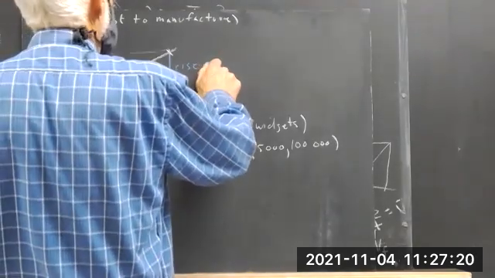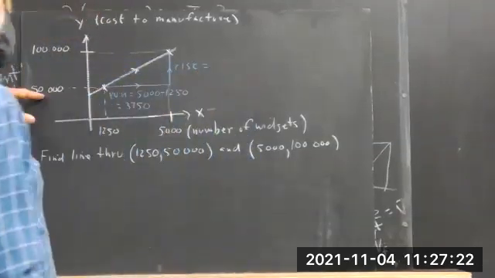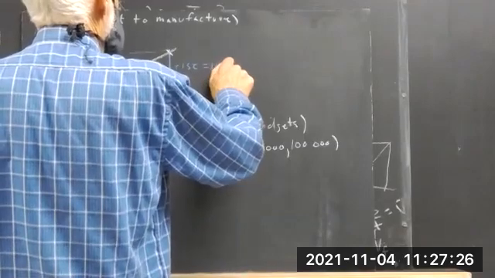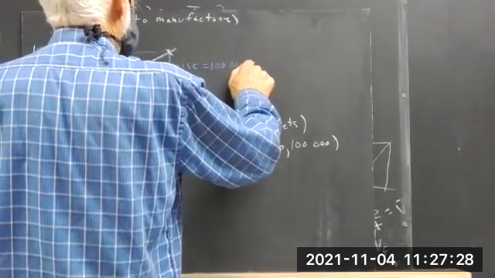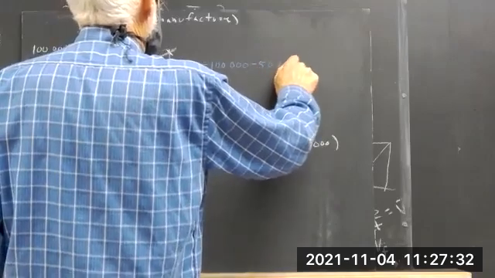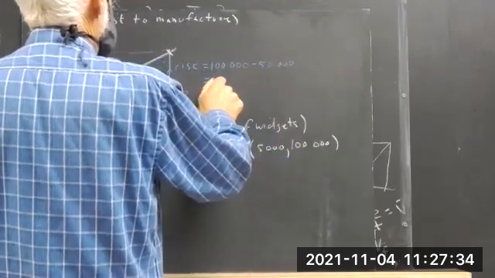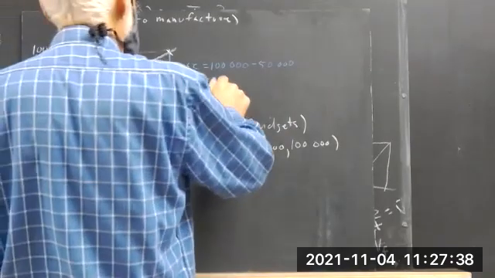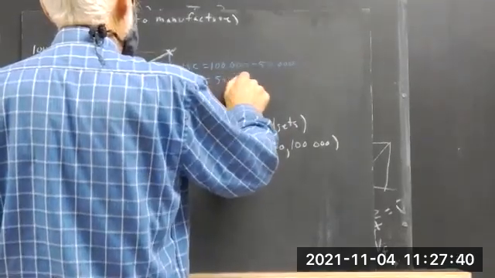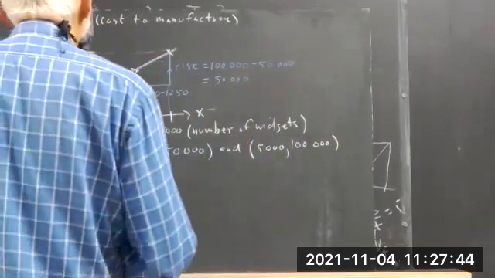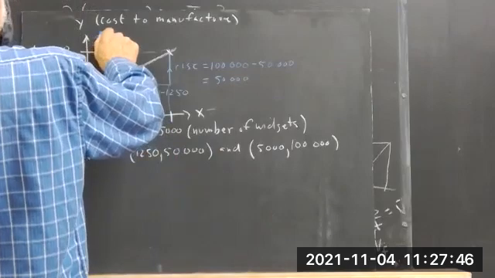The rise: you're going from 50,000 up to 100,000. And even if you know darn well that that result is going to be 50,000, it's good to write it out to remind yourself of what to do when it's not obvious. So rise is 50,000.